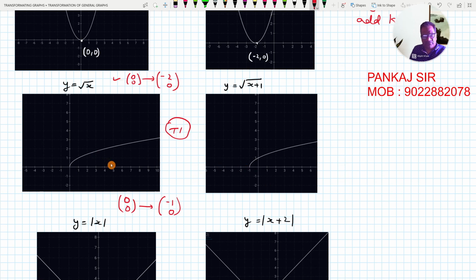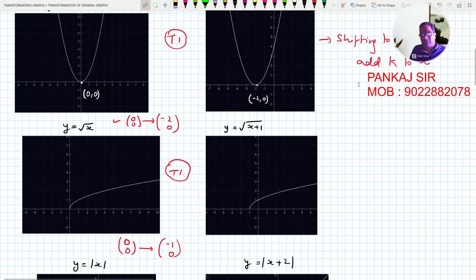What can you see? I can see that in the transformed graph, the graph has been shifted to the left. So again, the same thing is applicable here also, as what I have written here, shifting to the left.